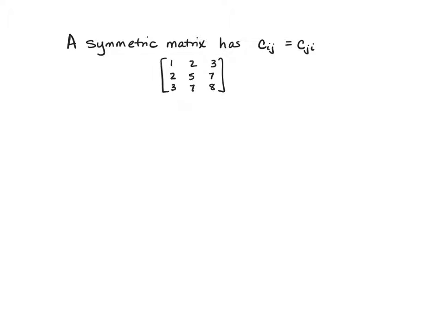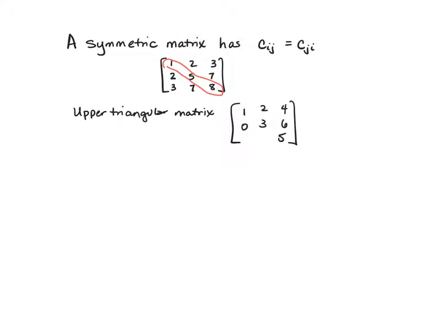Paying attention to the diagonal is going to be really key for a lot of different things that we do. And so another special category is going to be the triangular matrices. An upper triangular matrix is going to be one that has numbers along that diagonal, and above it, but it's going to have zeros below it.